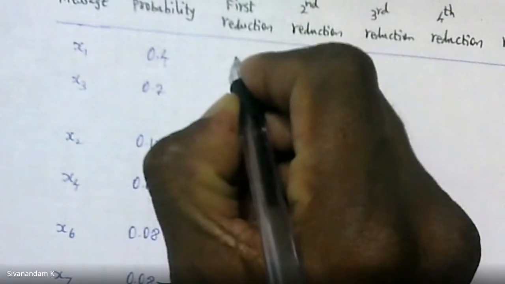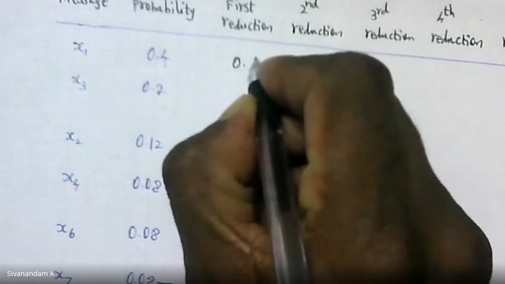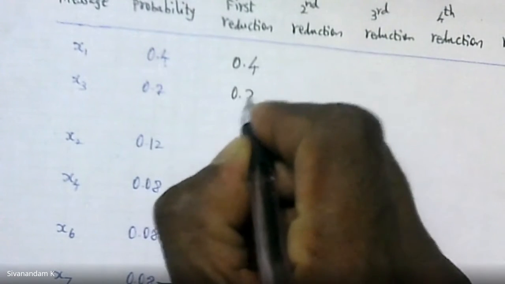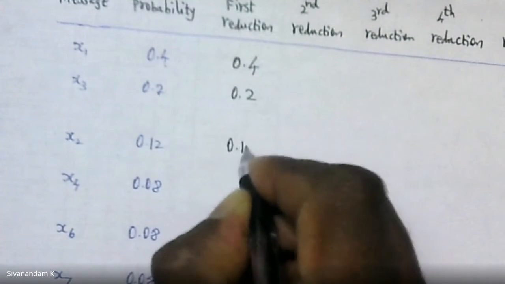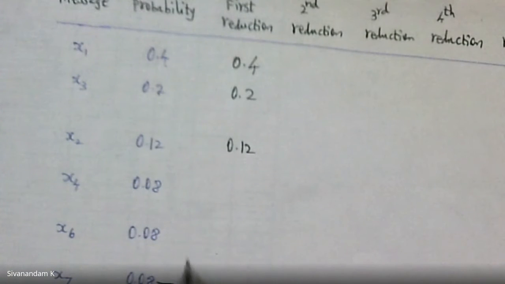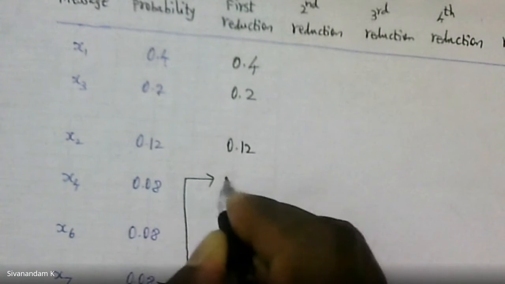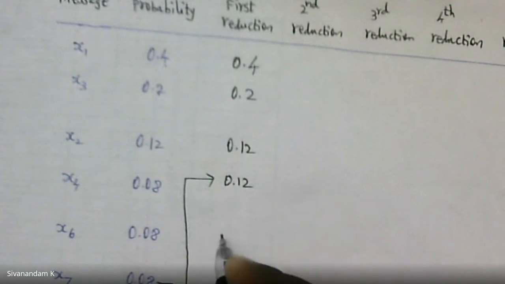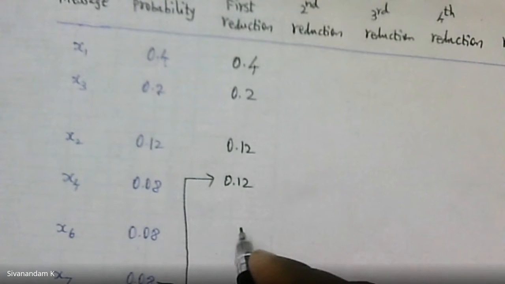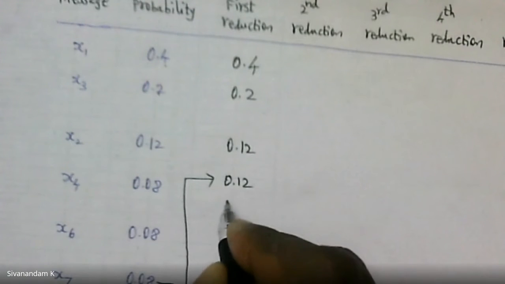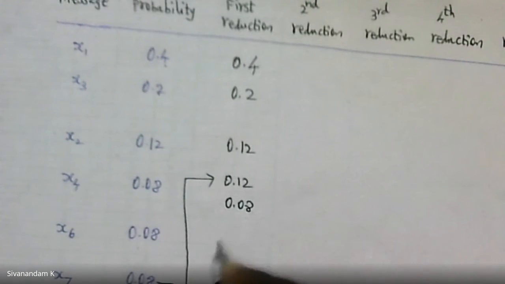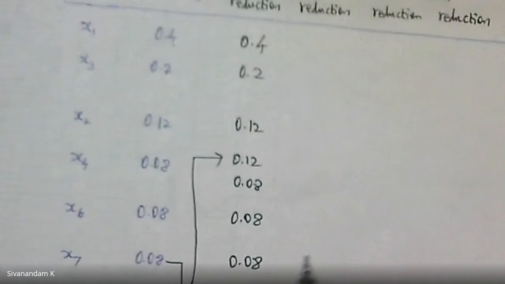So the first one is 0.4, 0.2, 0.12, then 0.12, after that 0.08, then 0.08, final 0.08.